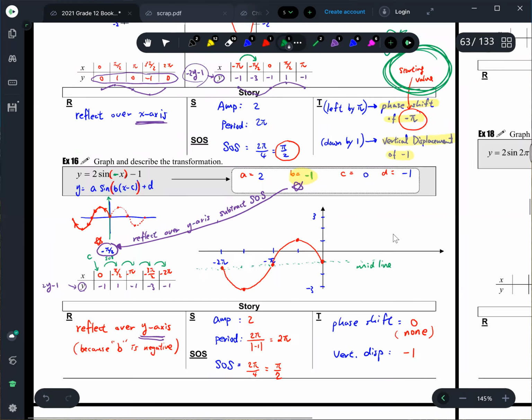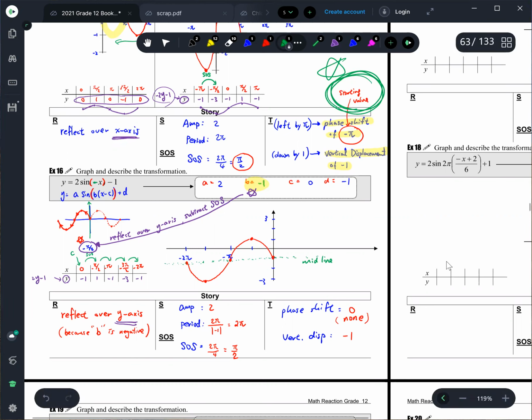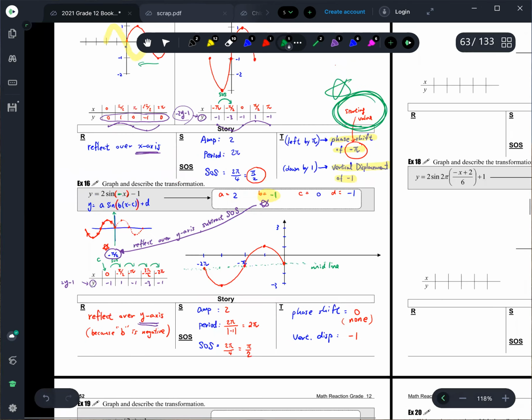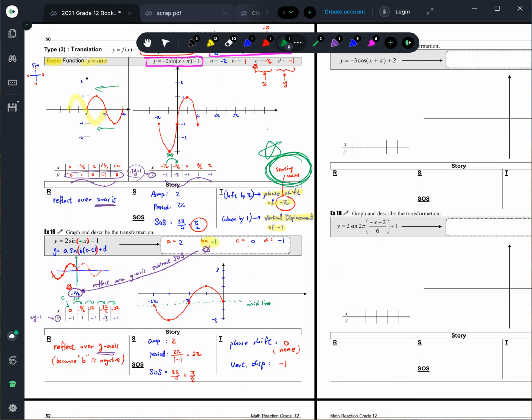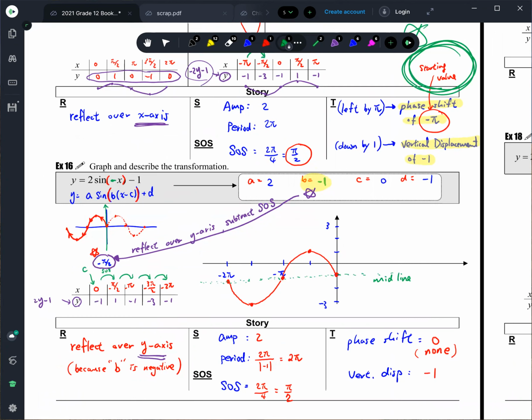Okay, please raise your hand if you finish the graph. Please raise your hand when you finish the graph.